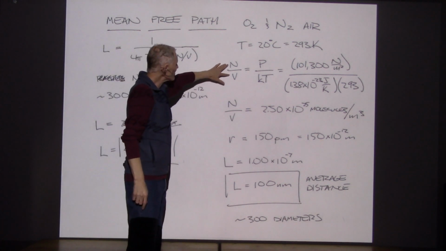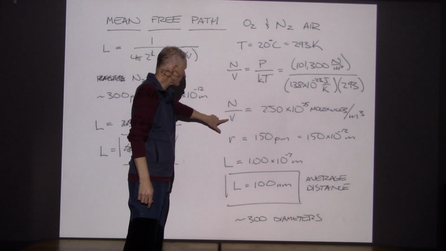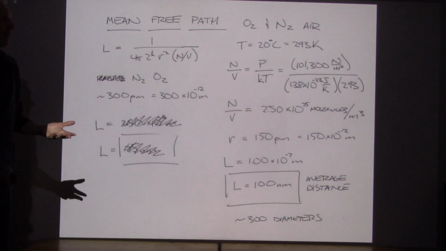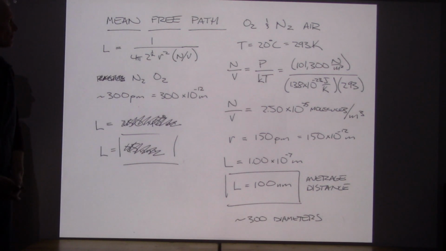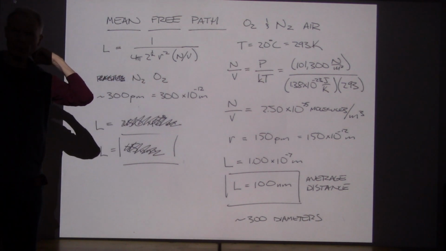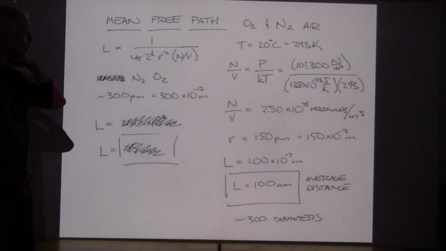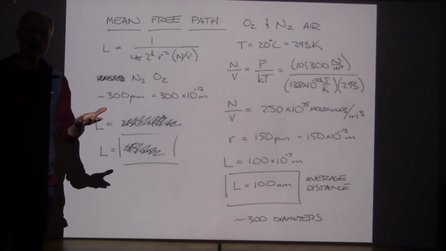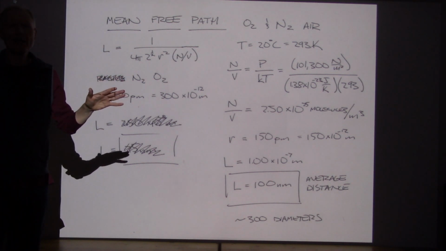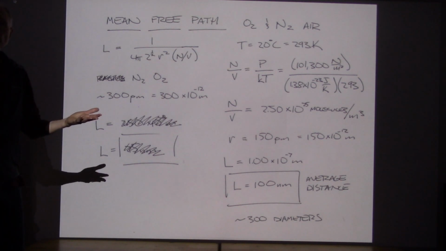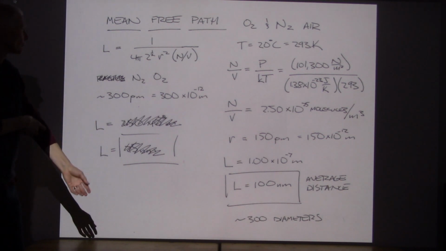Putting all these numbers in, I'm getting the number of air molecules per volume to be 2.5 times 10 to the 25th molecules per cubic meter. I'm going to do everything in standard units here. I'm not quite sure how to judge what the mean free path might be, so I'm just going to do a calculation all in meters, and then make adjustments at the end into something more intuitive.